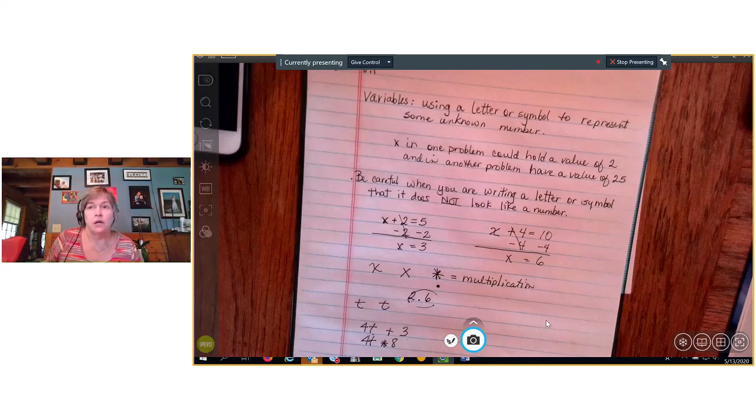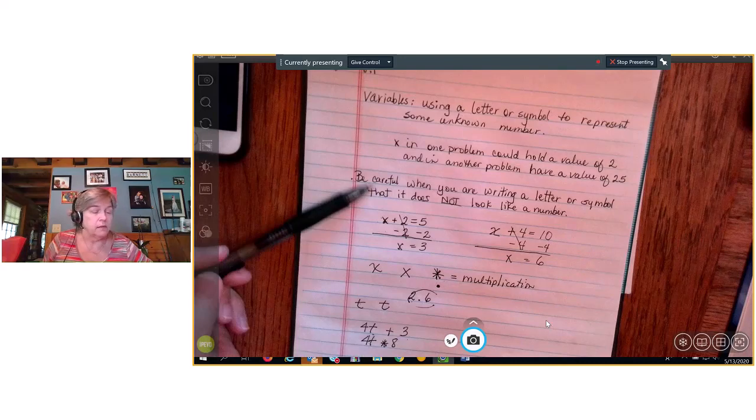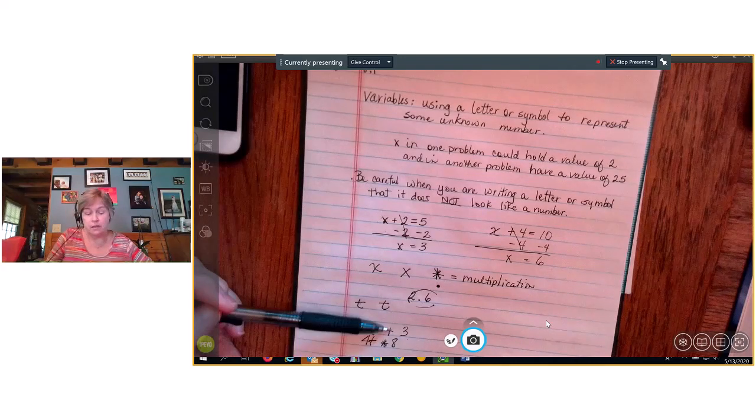So if I didn't know that that was an expression that I was looking for, then I would think you'd written something completely wrong. So make sure when we're doing letters and symbols that they're not looking like something that we don't want them to look like.